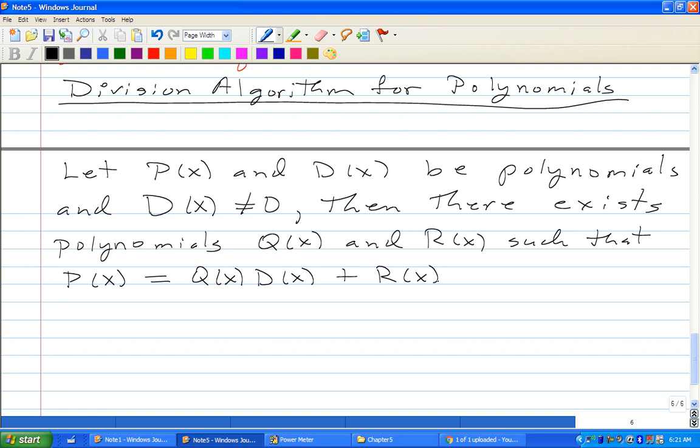And well, the remainder in this case is smaller than the divisor. The way we say that in this case is that the degree of the remainder is less than the degree of the divisor. And that's my division algorithm.